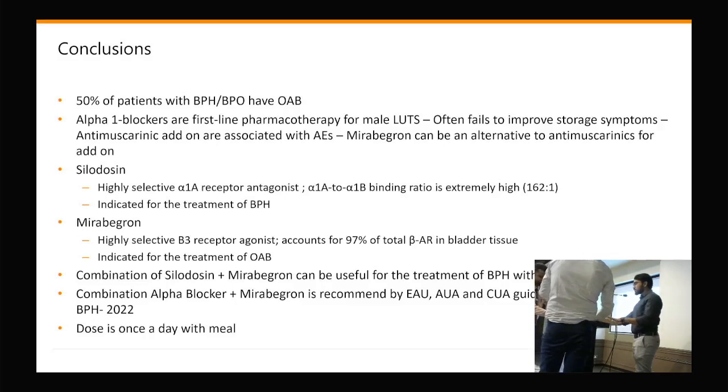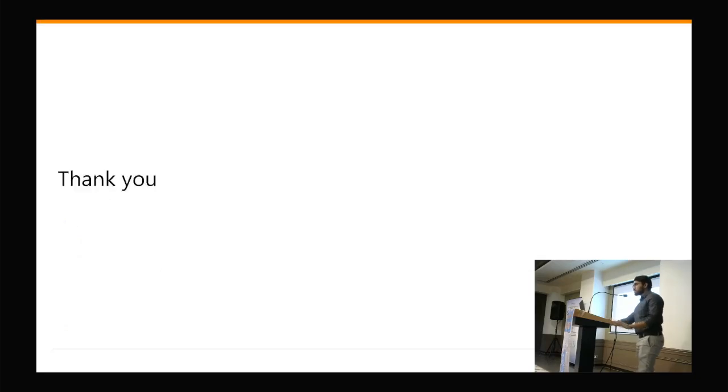Alpha blockers as a first line therapy along with mirabegron as an alternative to antimuscarinic for overactive bladder is preferred. And it is recommended by EAU, AUA and Canadian Urological Association guidelines on treatment of BPH 2022. Thank you.